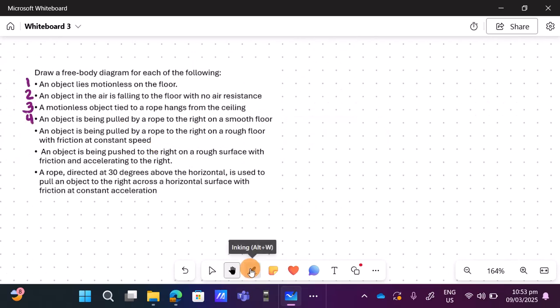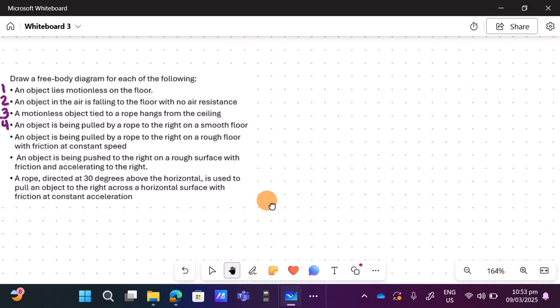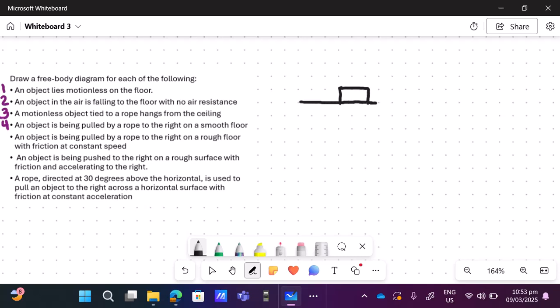Now, for number 5, we have an object being pulled by a rope to the right on a rough floor with friction at constant speed. Say for example, we have a box, and this is the floor.